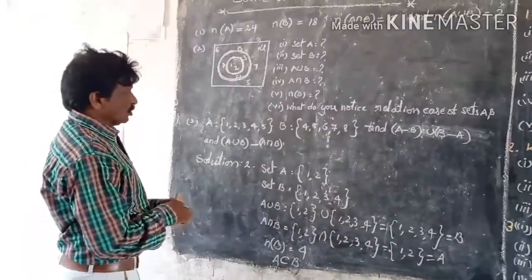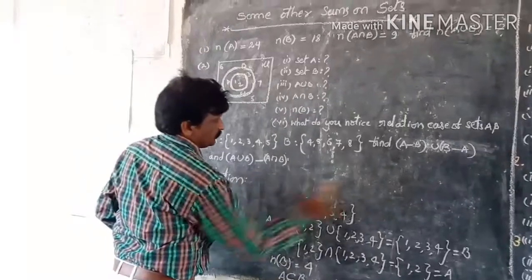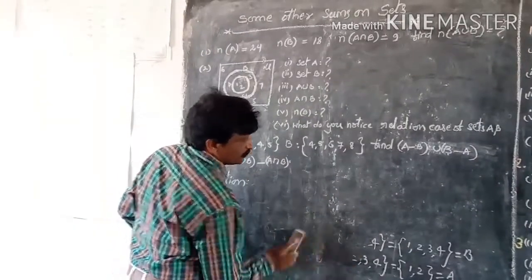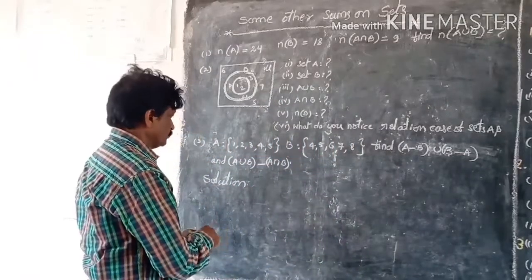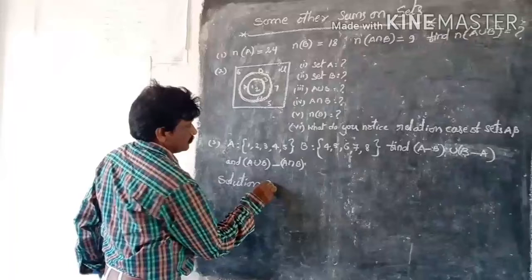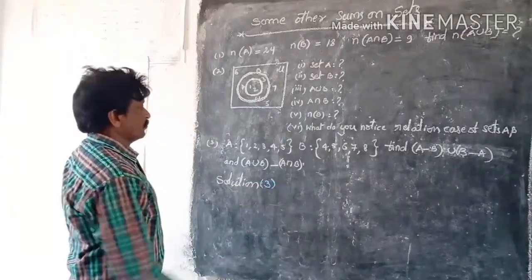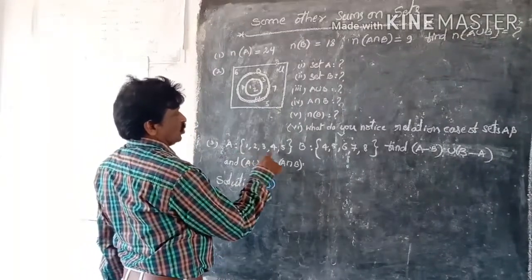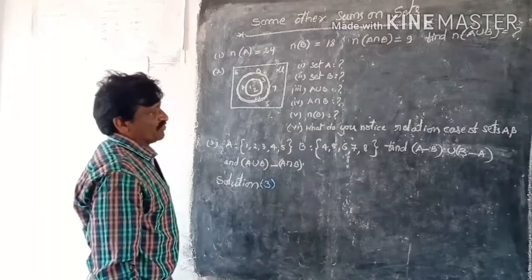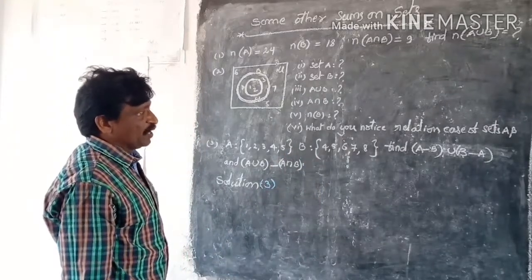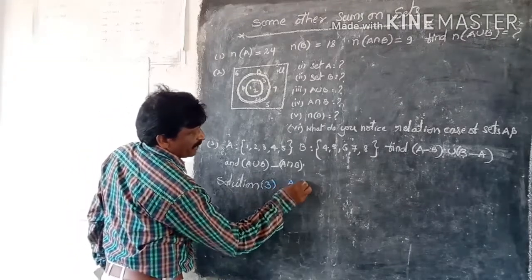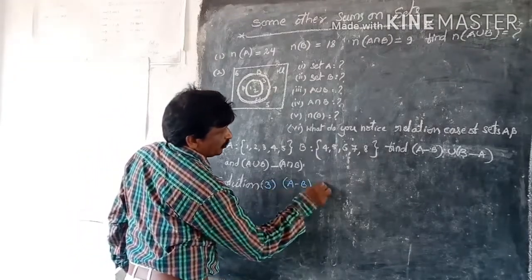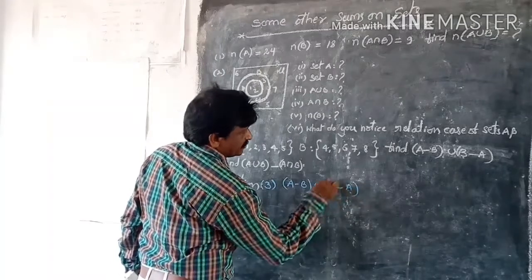Next, solution 3. A is 1, 2, 3, 4, 5. B is 4, 5, 6, 7, 8. Find (A minus B) union (B minus A).